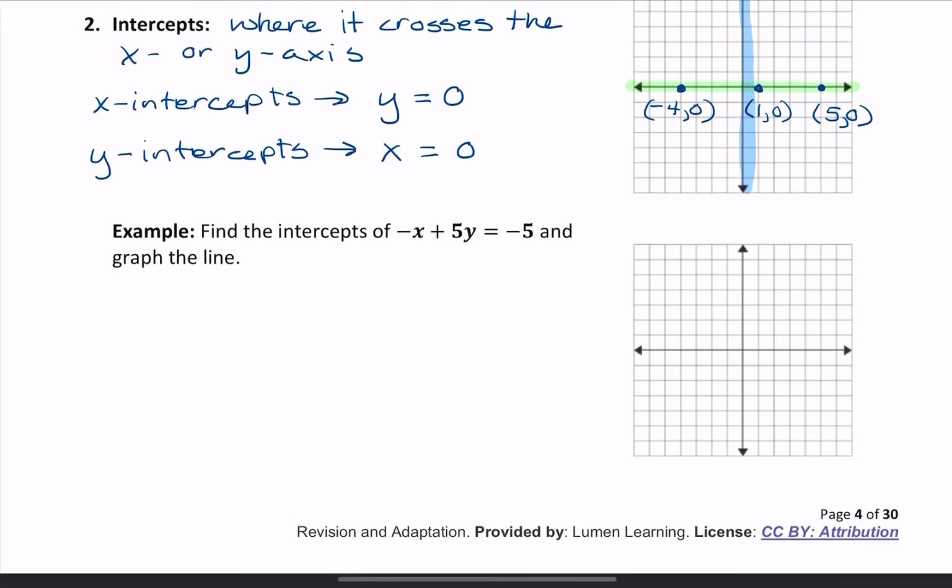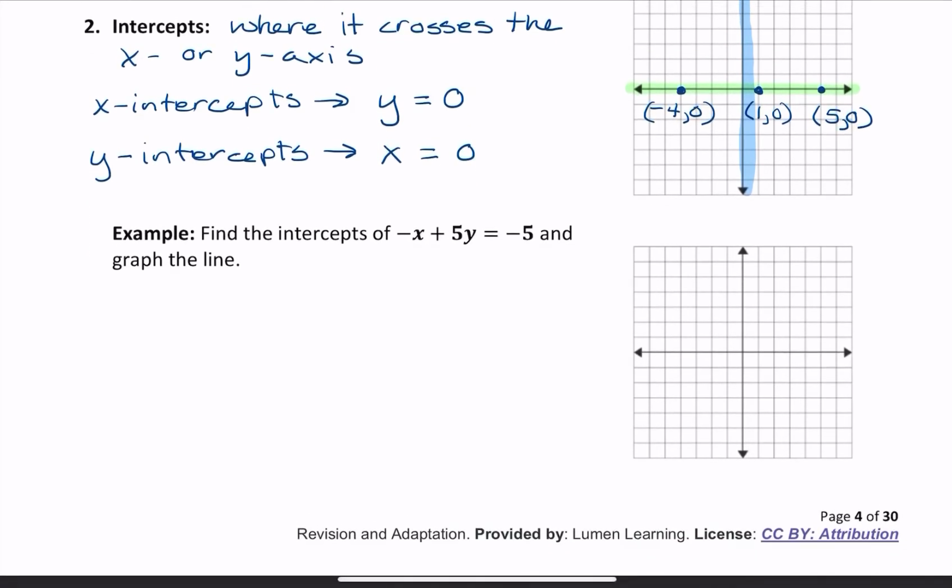So, for example, I want to find the intercepts of -x plus 5y equals -5. So if I want to find the x-intercepts, I'm going to set y equal to 0. So I've got -x plus 5 times 0 equals -5.